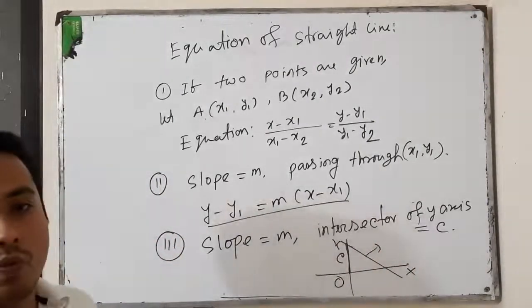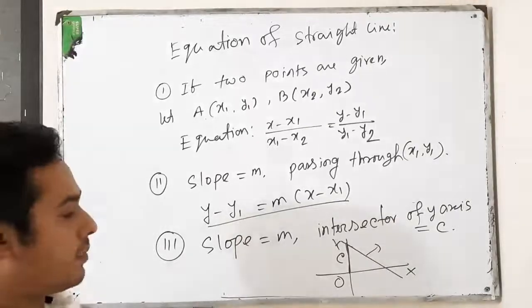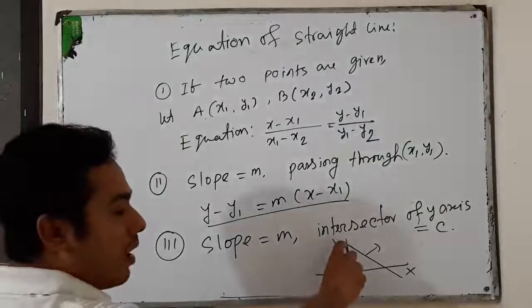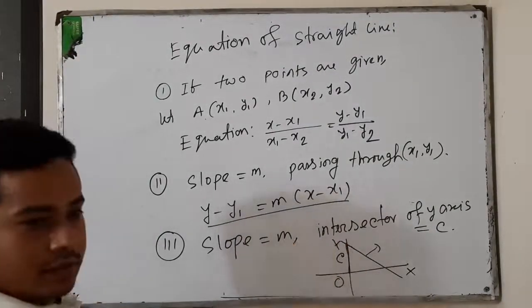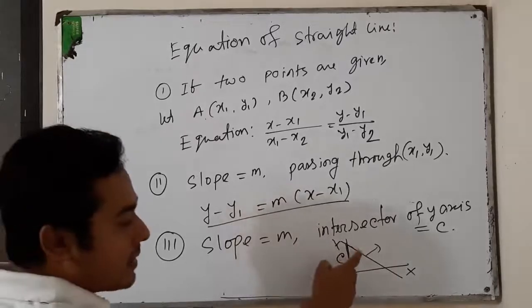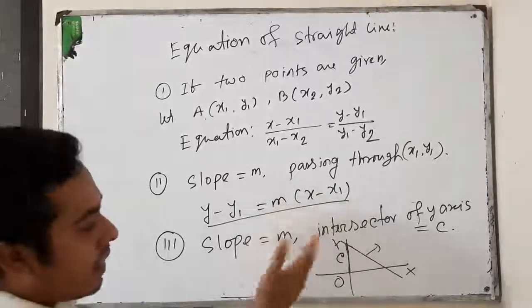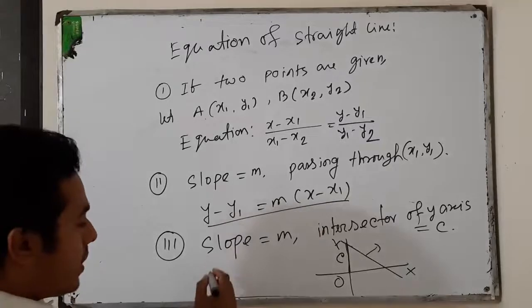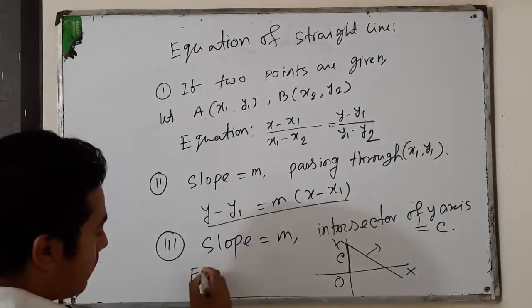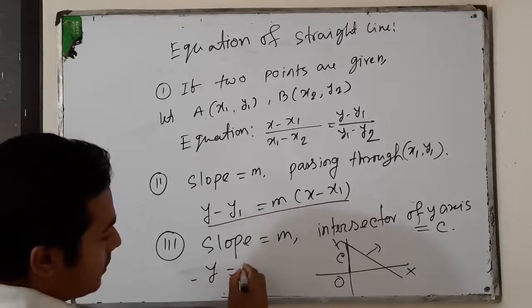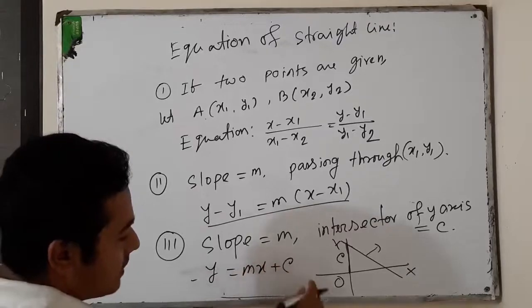This is called a y-intercept. That means the portion of the y-axis cut by this straight line is called the y-intercept. So the equation is y is equal to mx plus c.